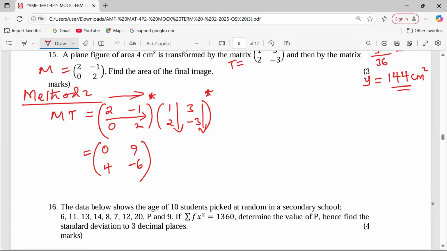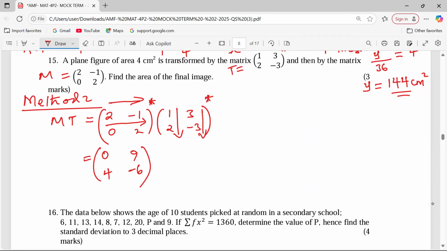And therefore, we can talk about just one determinant. So what is the determinant here? The determinant of the one matrix representing the two shall be 0 by -6 minus 4 by 9. See, now we are getting 0 minus 36, which is -36.